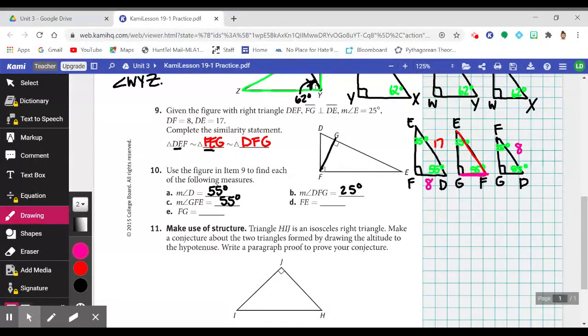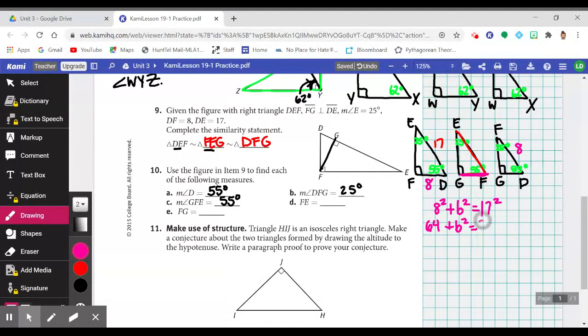So 17 being our longest side, opposite of the right angle, that's our hypotenuse. So 8 can either be a or b in the Pythagorean theorem. So we'll say 8 squared plus, we'll say we're solving for b, so we can assume EF is lowercase b, and c squared is 17 squared. So 8 squared is 64.